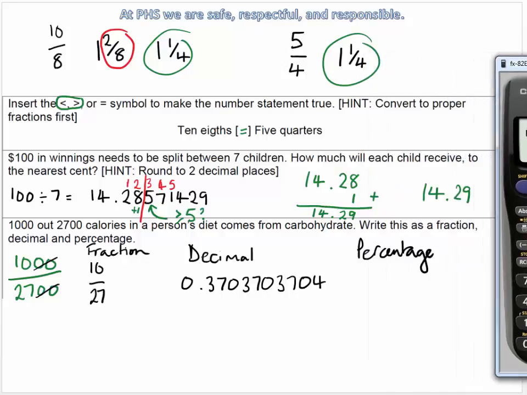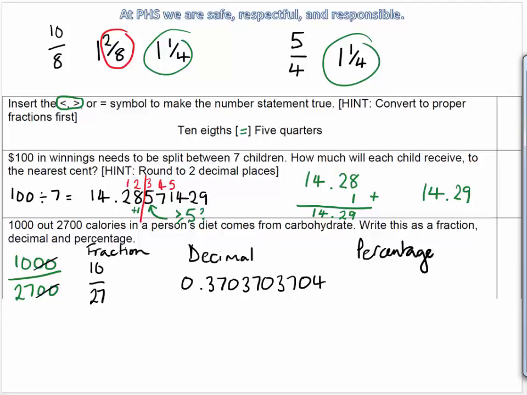So, as you would all know, timesing by 100 is just moving our decimal place 2 spots, 1, 2, to the right. If it was dividing by 100, we'd be going left, but this time it's going right. So our percentage answer is going to be 37.037. Now the next one's 0, so I'm just going to leave it at 3 decimal places. Okay, so percent. All right, let's keep going.